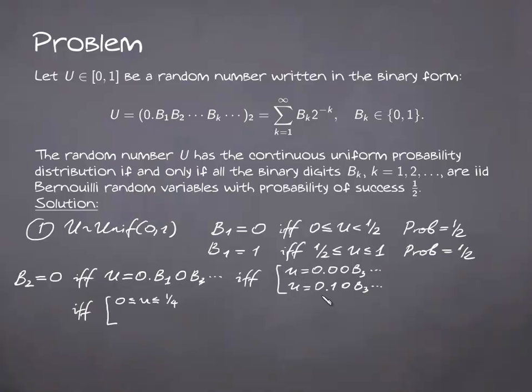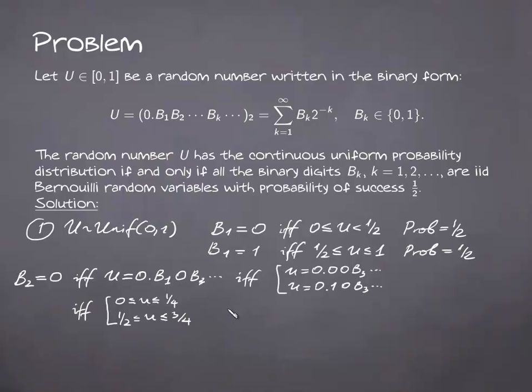In the second case, again, there are two extreme cases. If all digits are zeros, then u is equal to just 1/2. If all digits are ones, then u equals 3/4.